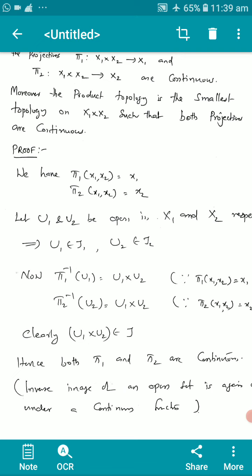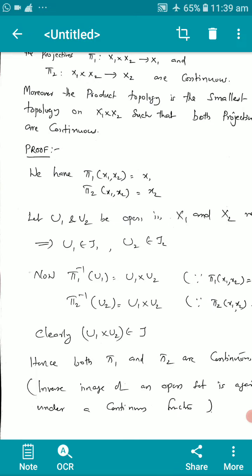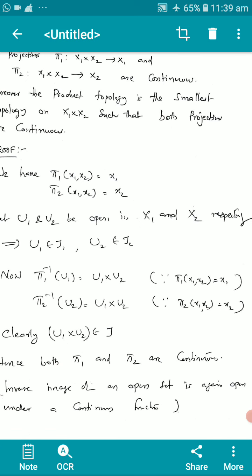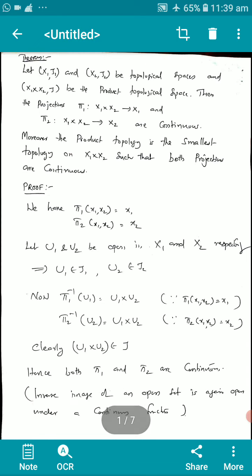Now pi1 inverse of u1, that is the inverse image of an open set, is u1 cross x2, because pi1 of x1 x2 is x1. Similarly, pi2 inverse of u2 is x1 cross u2, since pi2 of x1 x2 is x2. We know these are elements of the product topology tau. Hence, both pi1 and pi2 are continuous, because the inverse image of an open set is again open under a continuous function.